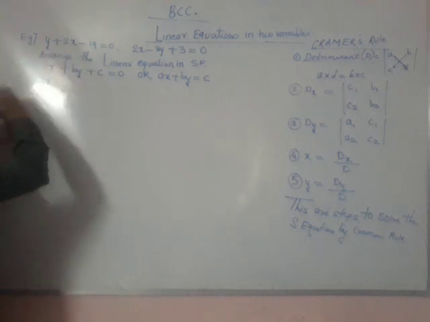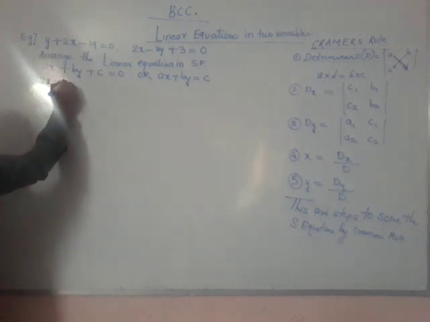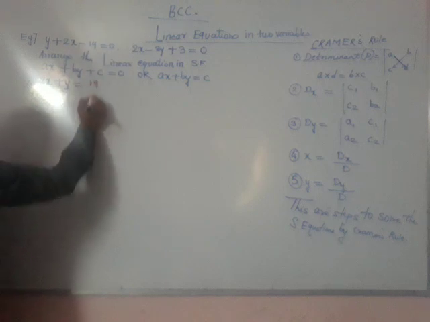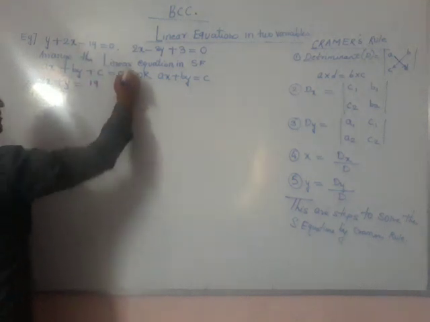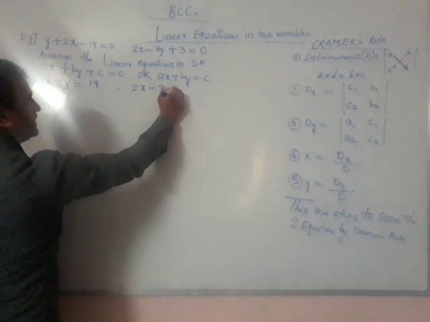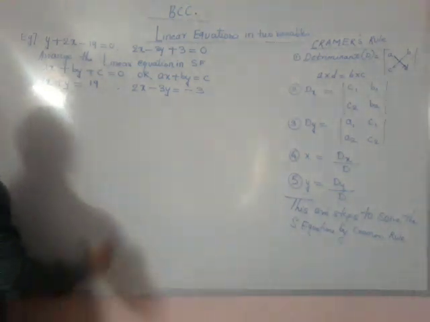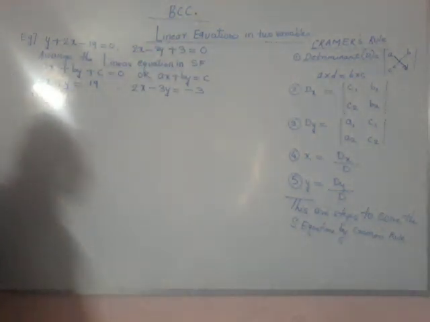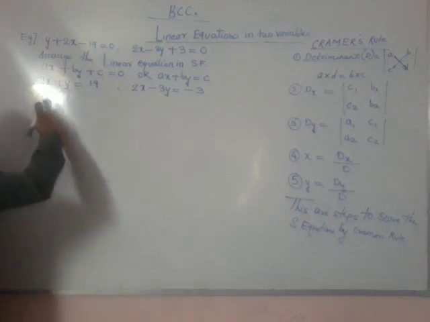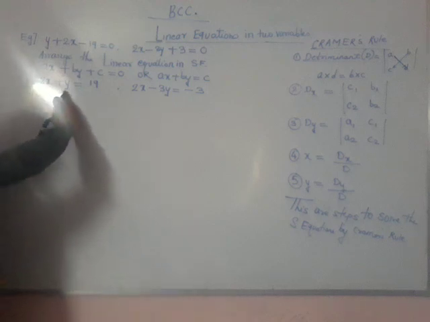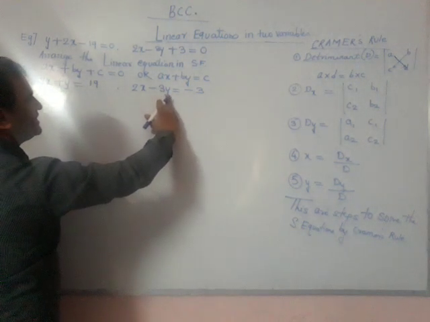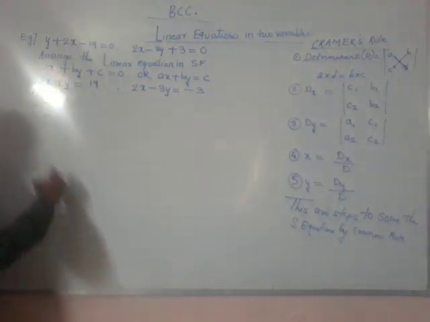Don't change the sign, just change their order. 2x plus y is equal to minus 19, which will become plus 19, comma, 2x minus 3y is equal to minus 3, plus 3 will become minus 3. Again students, focus here: 2x plus y is equal to 19, comma, 2x minus 3y is equal to minus 3.